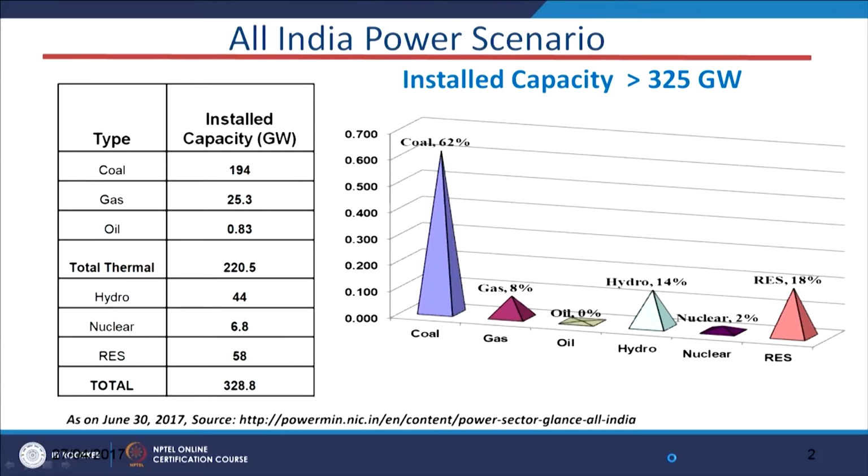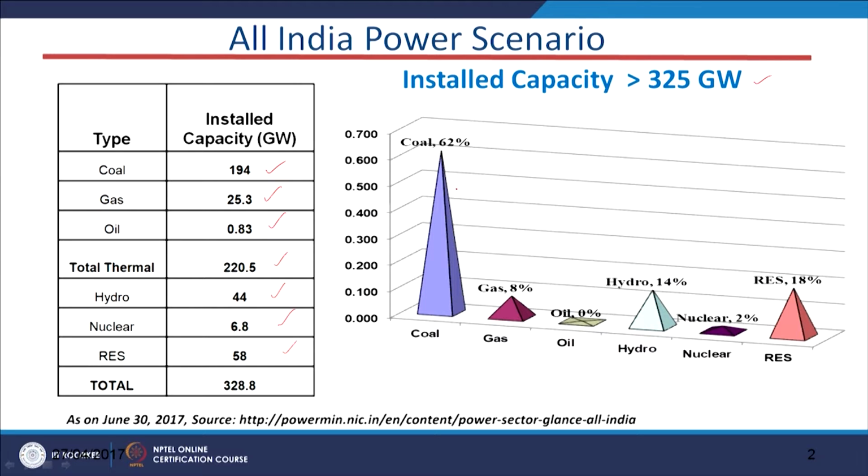Coming to this part, in the all India power sector, the installed capacity is more or less greater than 325 gigawatt. If you could see here, coal is about 195 gigawatt, gas is 25.3 gigawatt, and then oil, thermal, hydro, nuclear, and RES, meaning the renewable energy sources.